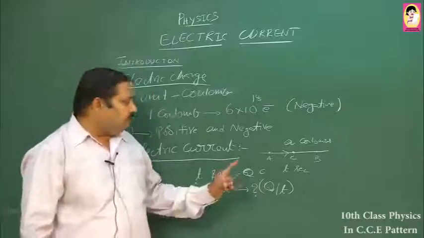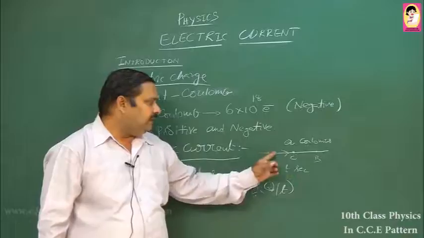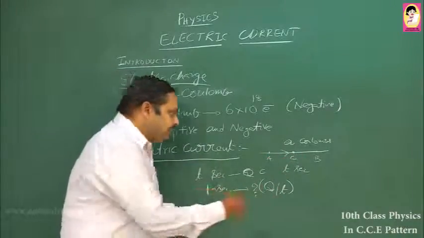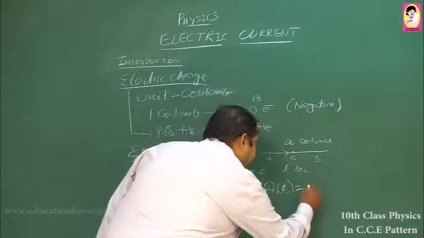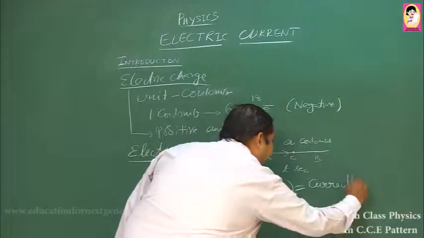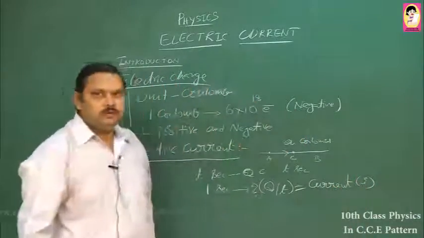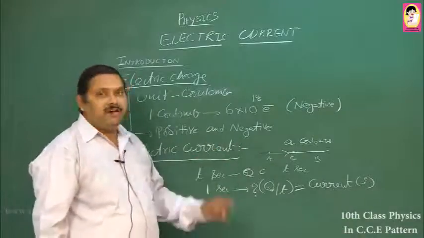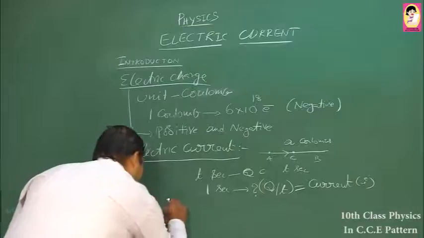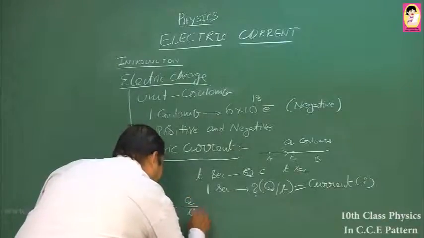So, the amount of charge that can pass through this particular point C on the conducting wire AB is nothing but q by t, and this q by t ratio is called current, denoted by the symbol I. So, finally, the formula to calculate the current is I is equal to charge q by time t.